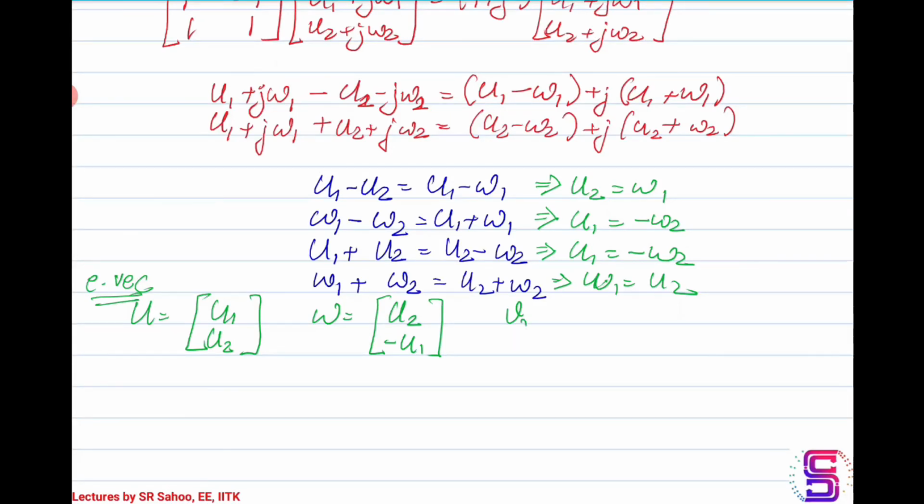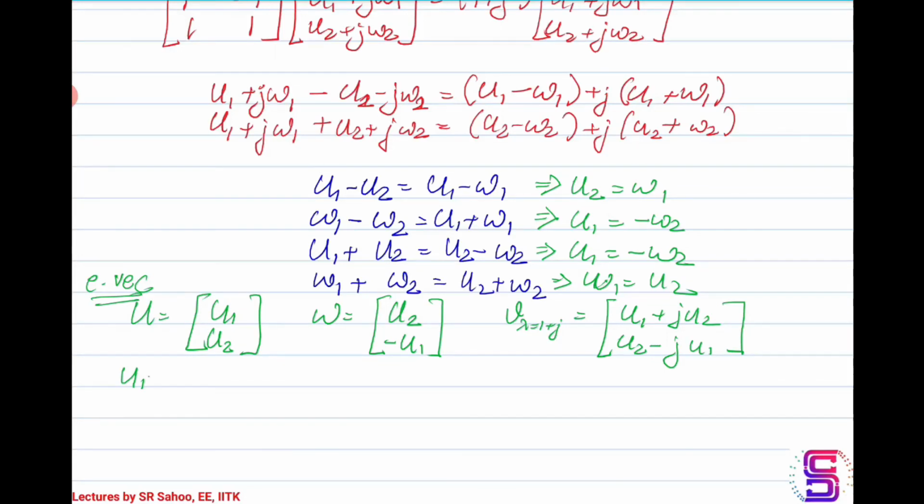Which means the vector v corresponding to lambda equal to 1 plus j is of the form u1 plus j u2 and u2 minus j u1.